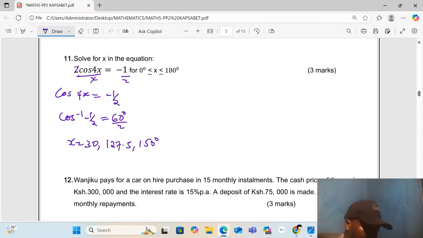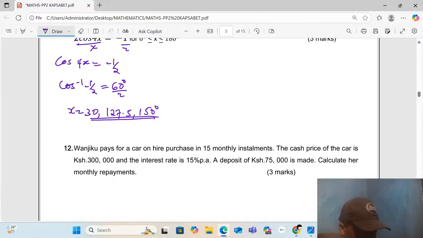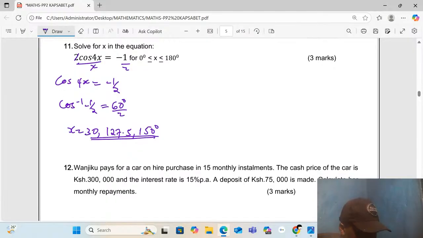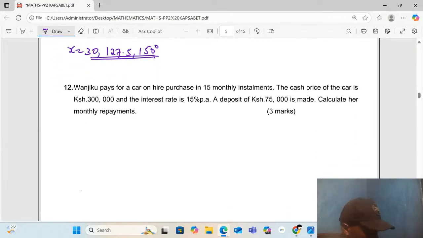So these ones now are the values of x that range in between 0 degrees and 108. So you get your answer. Then you go to question number 12.